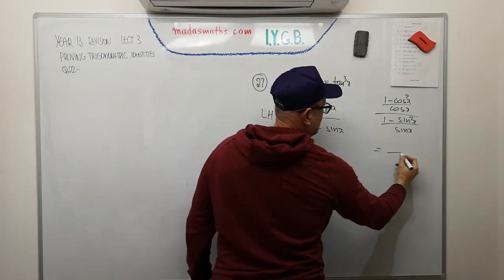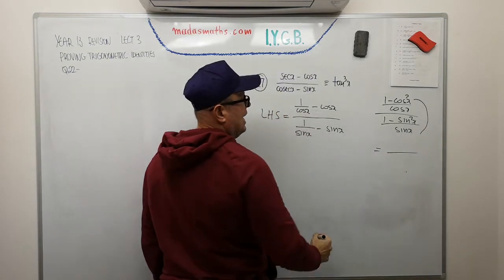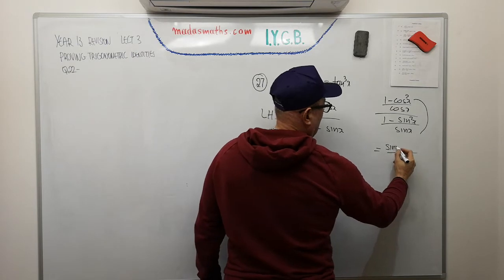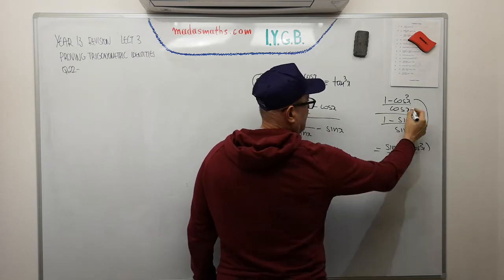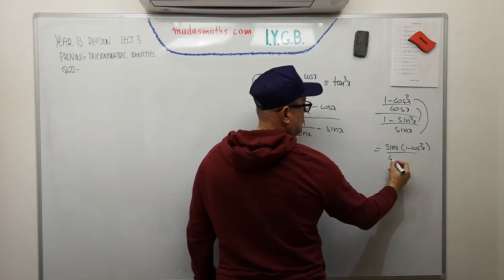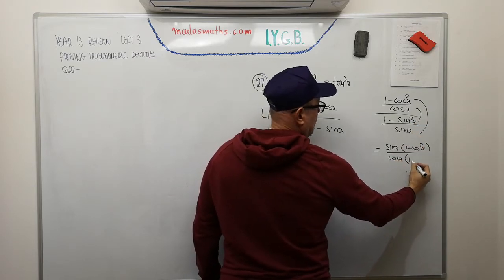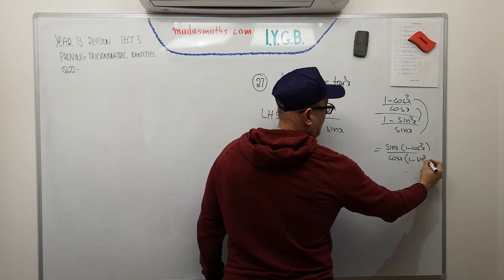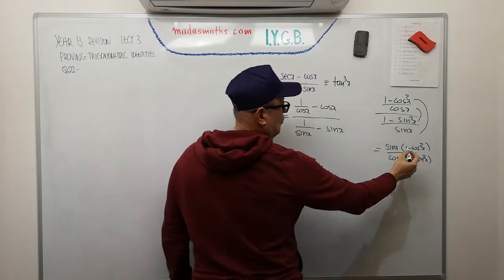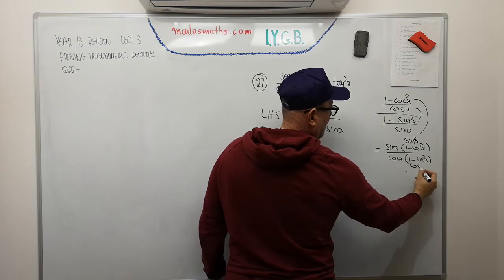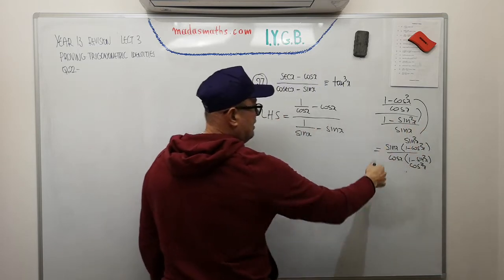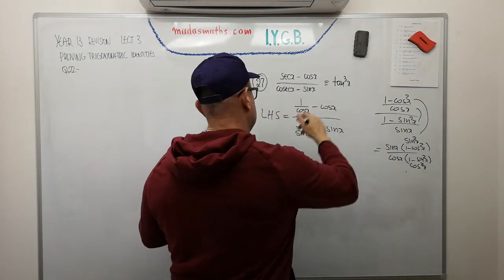And your answer to this will be the product of the outer terms on your top, sine of x, 1 minus cos squared of x, and the product of the inner terms is going to be your denominator, 1 minus sine squared of x. And of course, this bit here is a sine squared, this bit here is a cos squared, and then sine cubed over cos cubed, which is your tan cubed.